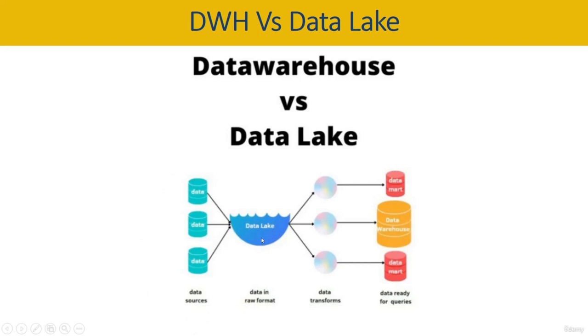The concept of a data lake is that this is a main hub, which can be a cloud system or a database, which will be getting all the information from all these different sources. The data coming into the data lake can be structured data and unstructured data.